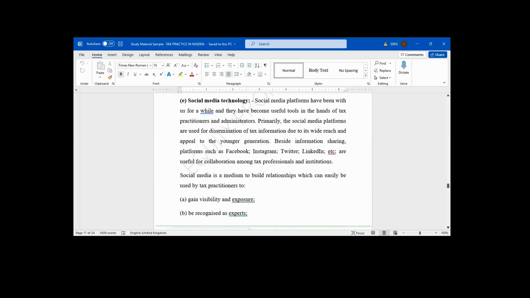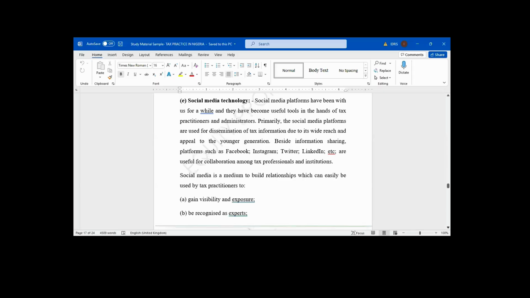If FIRS wants to pass information on the changes in the tax law, they will post it on their Facebook page. You know, a body like FIRS will have so many followers on their Facebook page. Once they post that information, those who are their followers will be helping them to disseminate it, to share it.